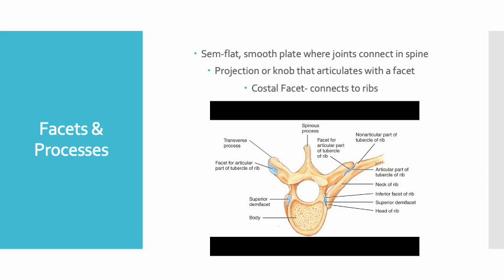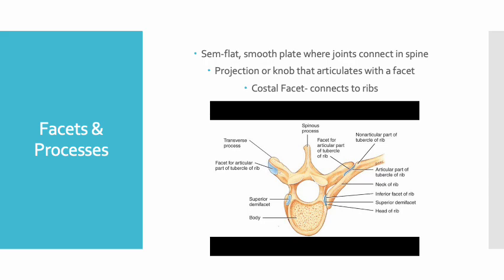Before we go into each region, I want to give you a few terms that you're going to hear repeated throughout the vertebral column. So first we have facets. So facets are semi-flat, relatively flat, smooth plate-like areas where joints connect in the spine. If you look on this picture, it's the blue area.